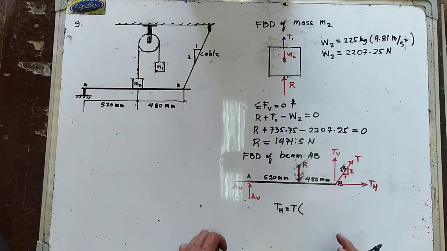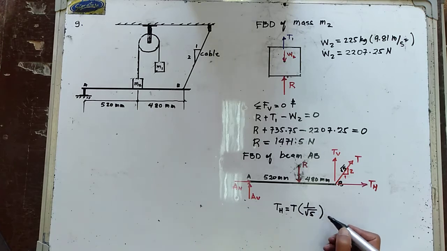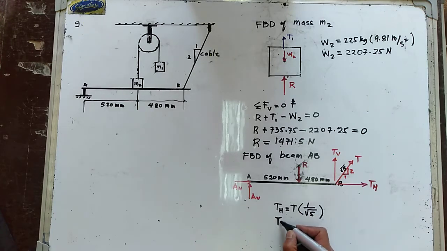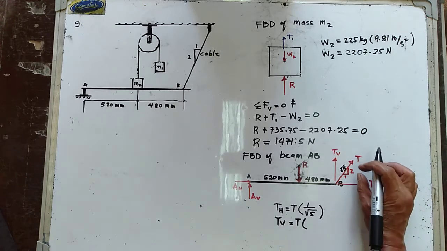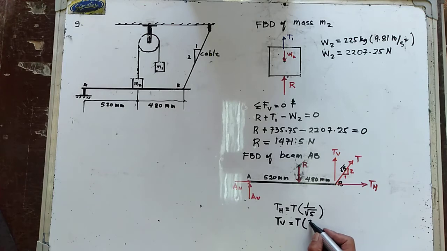Multiply this one by the horizontal slope, which is 1 over the square root of 5. And your T vertical is equal to T, we have the vertical slope, which is equal to 2 over the hypotenuse of the slope triangle, that is the square root of 5.